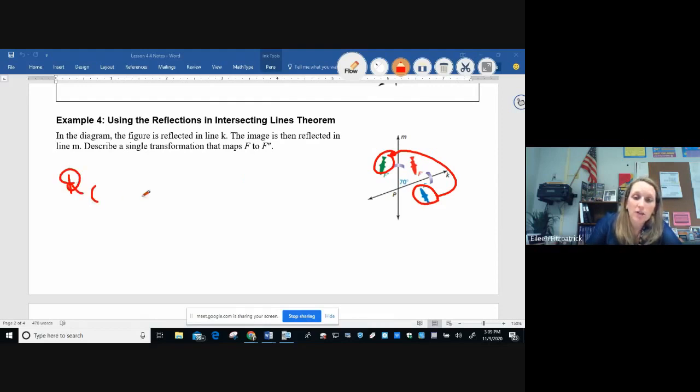The center of rotation is where the lines intersect, so it's at point P, and the degree of rotation is going to be twice the measure of this angle. So it's going to be 140 degrees. And that's it. That's based on the theorem above.